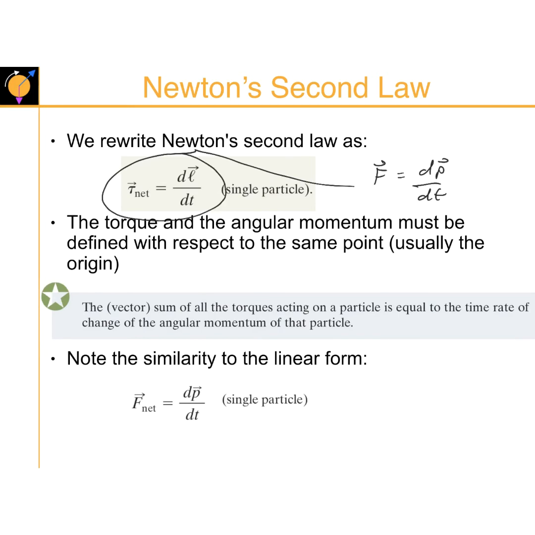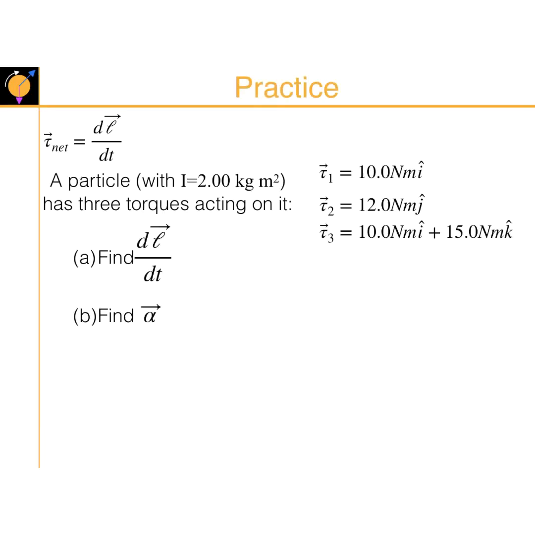The torque and angular momentum are defined with respect to the same point, usually the origin. This is another way of writing Newton's second law, right? The vector sum of the torques acting on a particle is equal to the time rate of change of the angular momentum of that particle. You add up all the torques acting on something, and that's going to tell you how fast the angular momentum is changing. Very similar to what we saw before for Newton's second law.